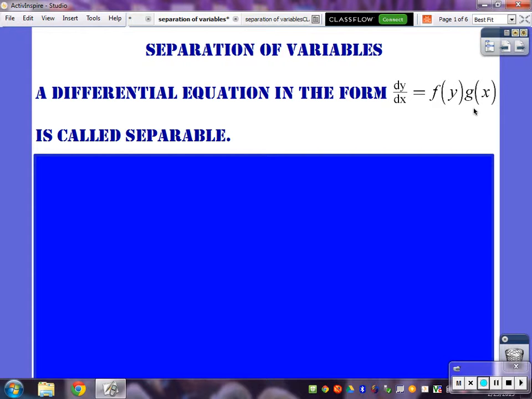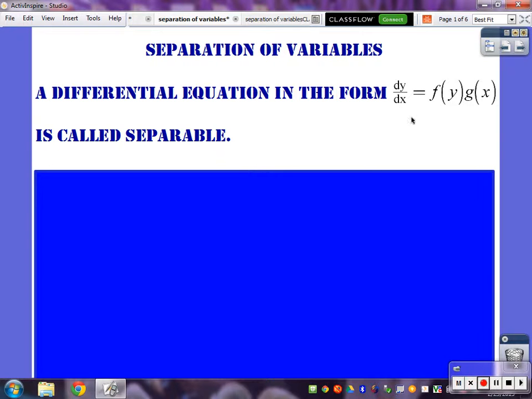And what I want to do is separate the variables so that I can then solve the differential equation, which just means integrate. Remember, I can only integrate if all my variables are the same. So what we would do is move our dx to the right side by multiplying and move our f of y to the left by dividing.